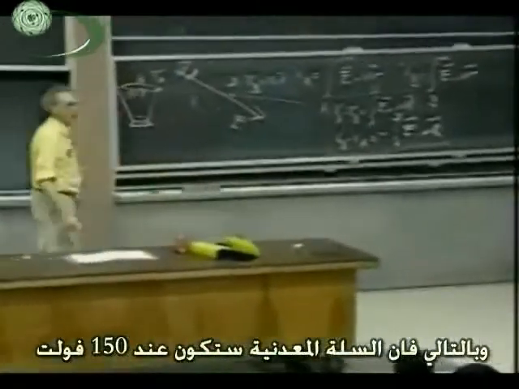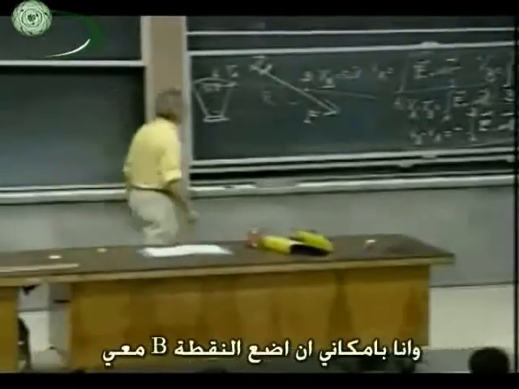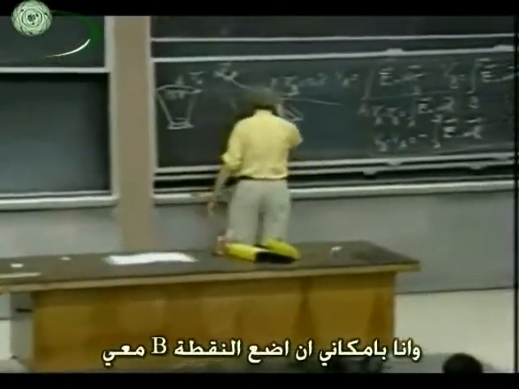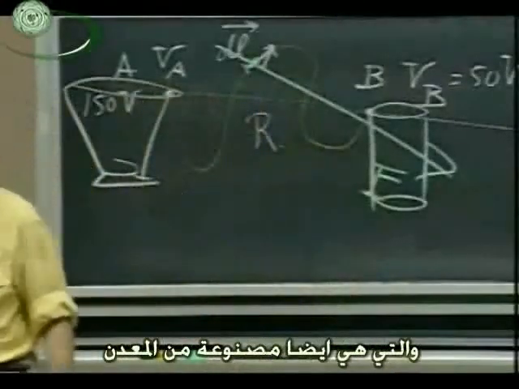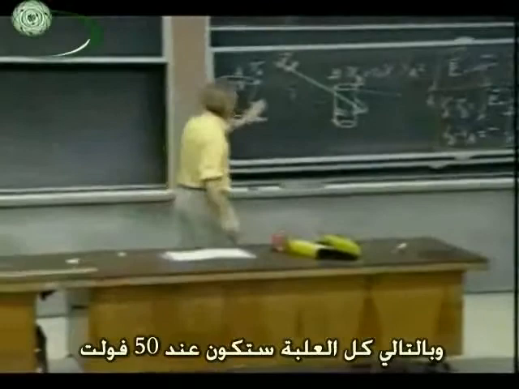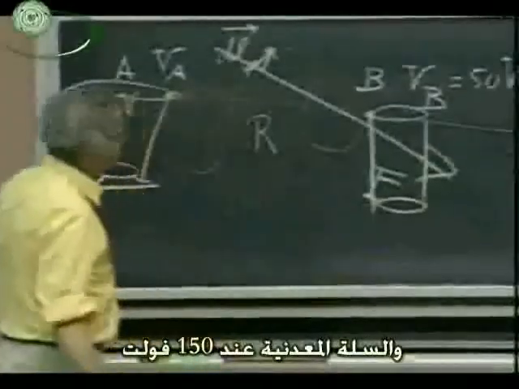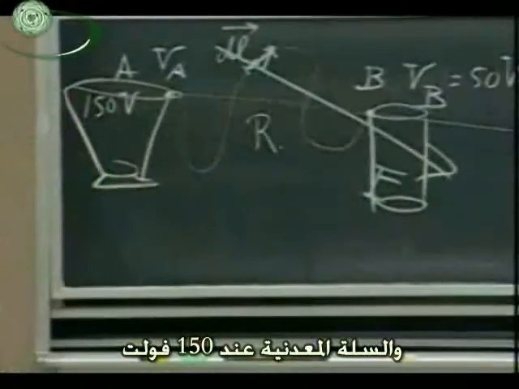So the whole trash can would be at 150 volts, and I could make point B part of my soda can, which is also made of metal. And so the whole soda can would be at 50 volts, and the entire trash can would be at 150 volts.